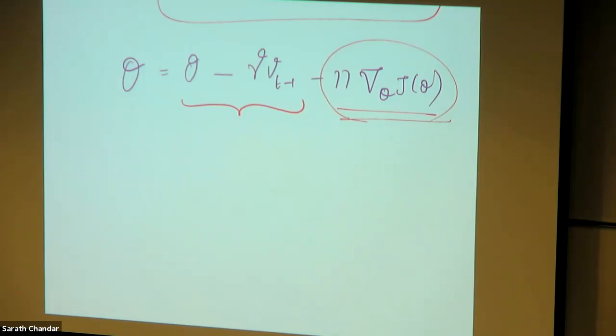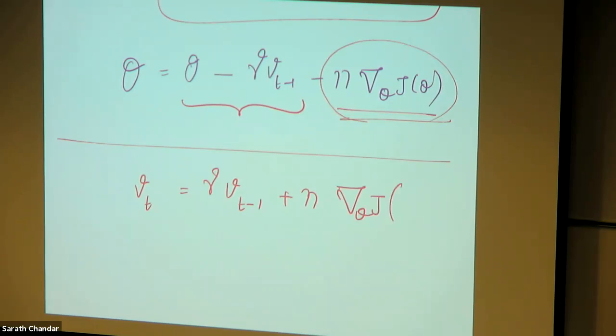Here is the algorithm. We're going to do V_t is equal to gamma times V_(t-1) plus eta times the gradient. Now the gradient, instead of being computed at the parameter theta, is going to be computed with respect to theta minus gamma times V_(t-1).